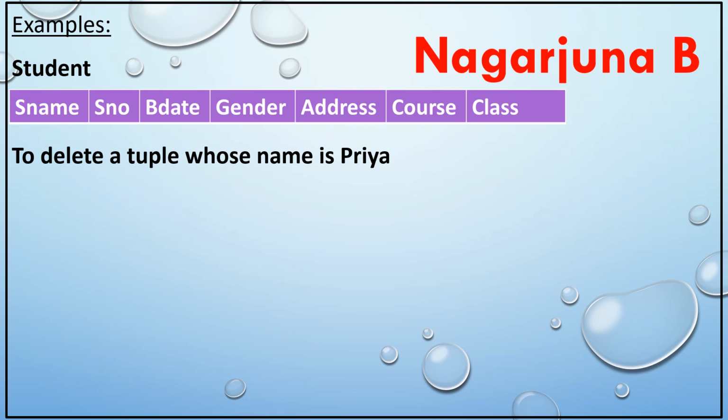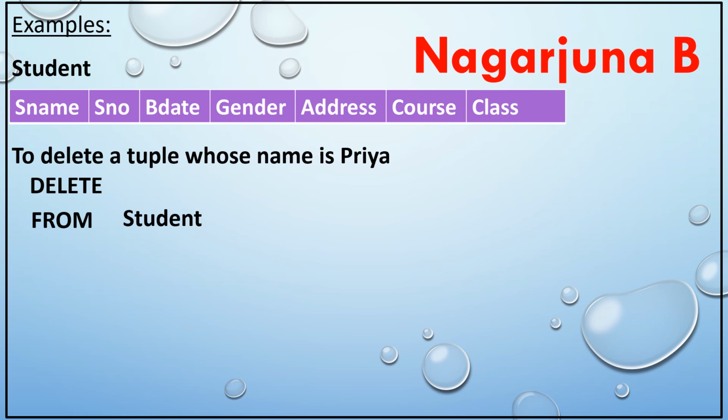So this can be written as delete from table name. The table name is student. In that, S is capital because at the time of creating the table, I considered S as capital and the remaining characters in lower case. Then they have given the condition.